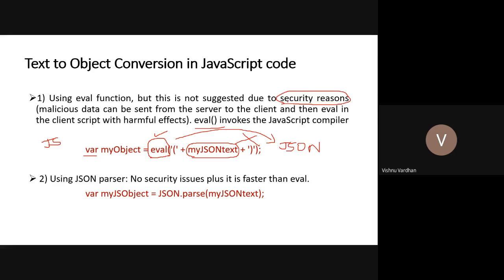Then what? There is an exclusive JSON object that is given with the parse method. Nowadays almost every browser supports this JSON object, because JSON and XML parsers are already integrated with the browsers.